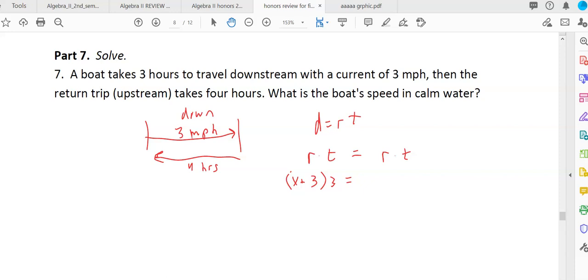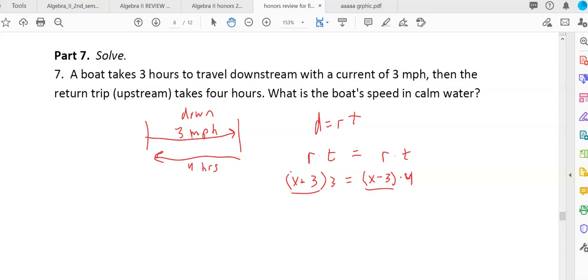And the rate, I guess, is x minus 3. So the current is like your rate minus 3, times the time of 4 hours. It makes sense it's going to take longer coming back, right? So this is downstream, this is upstream.